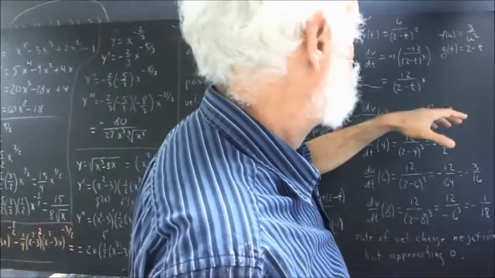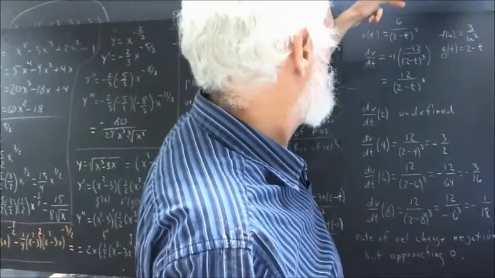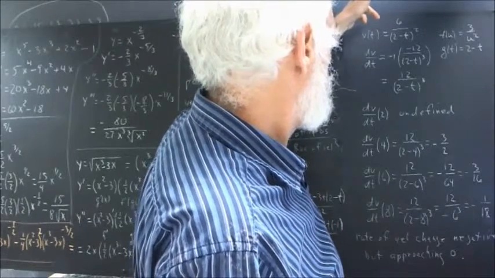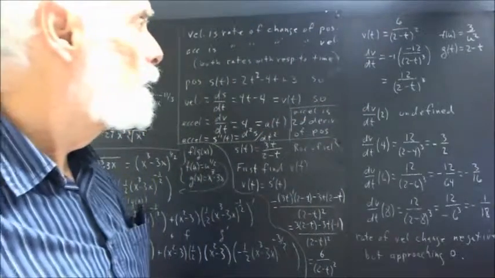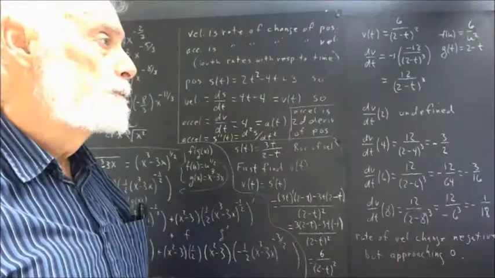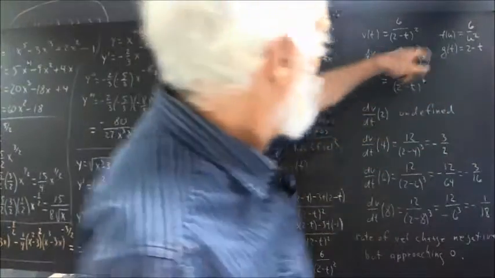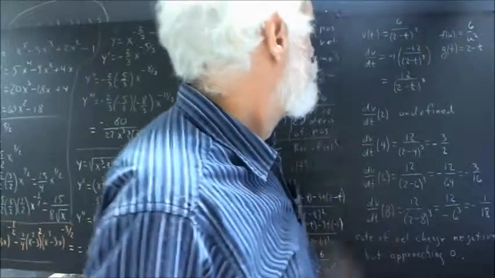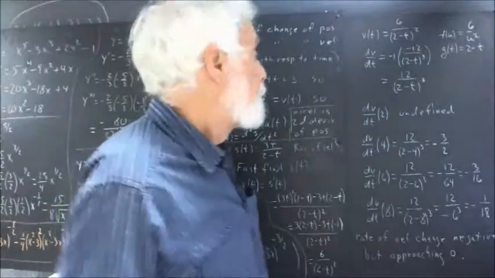Okay, the f of u function isn't written right there. The f of u function is 6 over u squared, clearly, because we have 6 over the denominator squared.